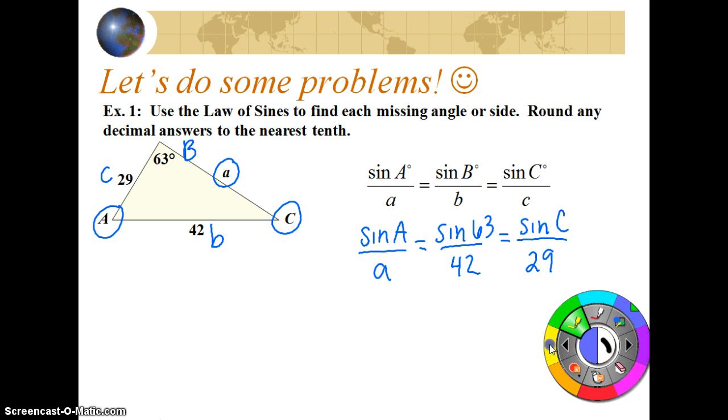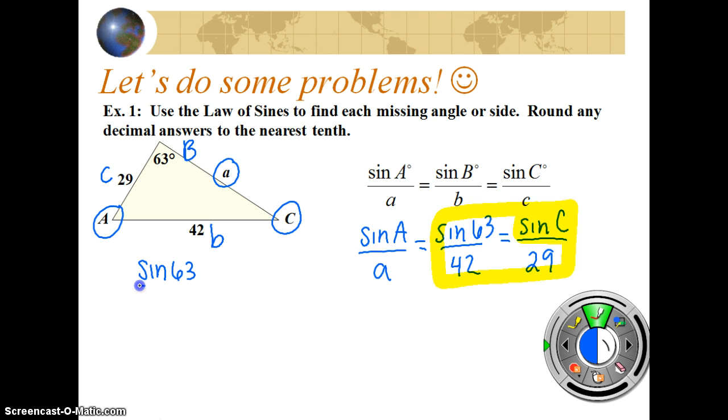Notice that when you're looking at this second part, I only have one piece of missing information, and that's the sine of C. So I'm going to use this proportion to find the sine of C. So I'm going to have the sine of 63 over 42 is equal to the sine of C over 29.